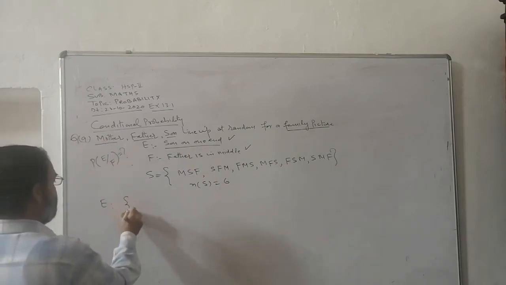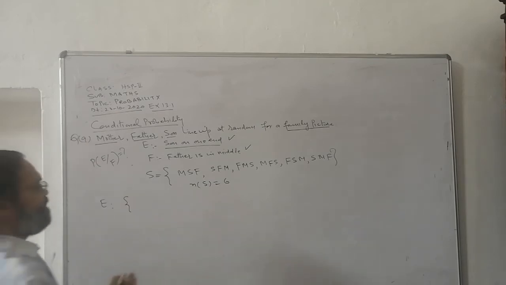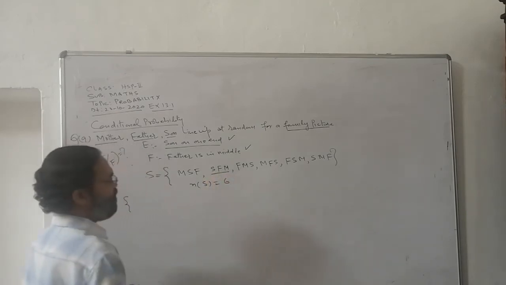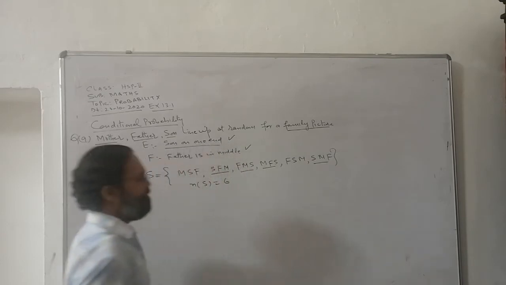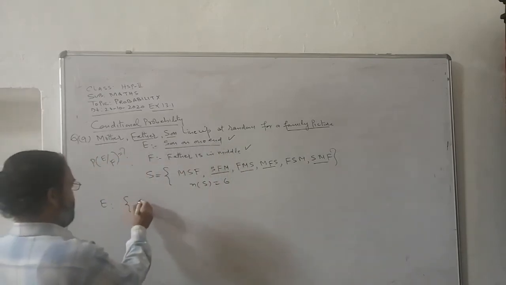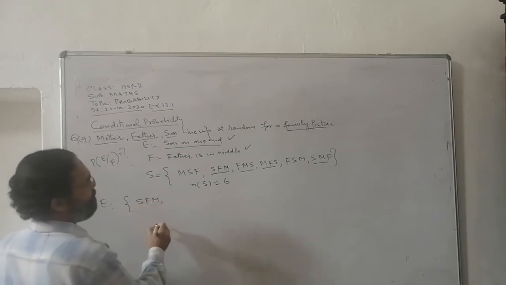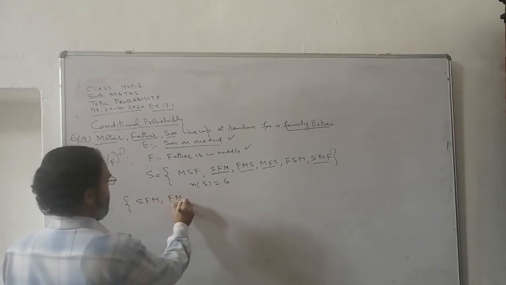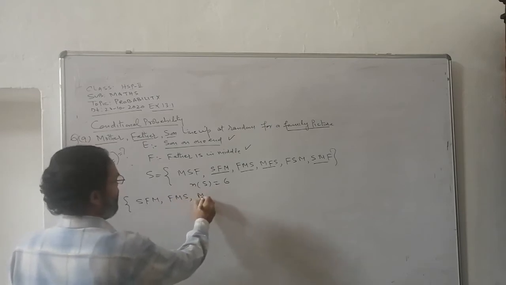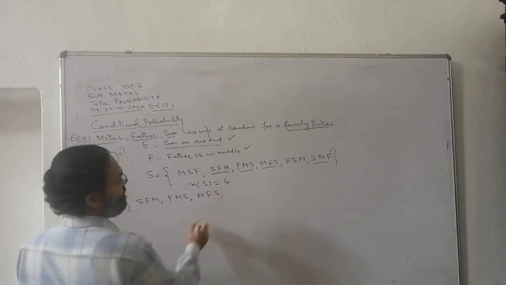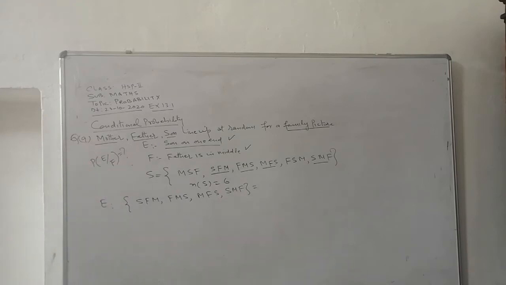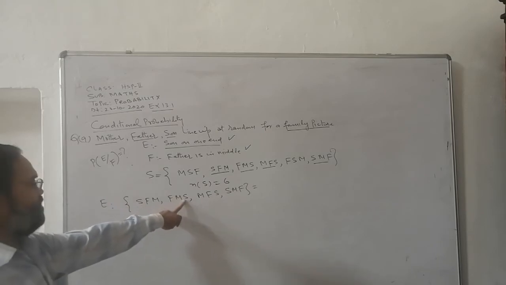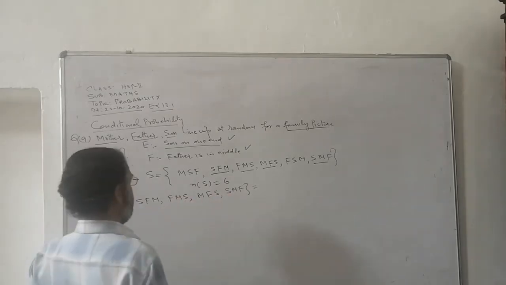When the son is on one end, we have favorable points: S F M, M F S, F M S, and S M F, so there can be 4 positions where the son is standing at one end.